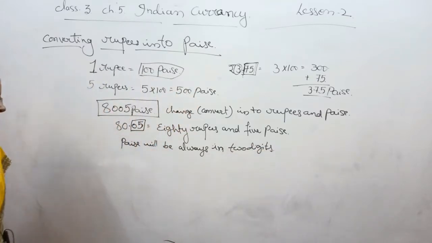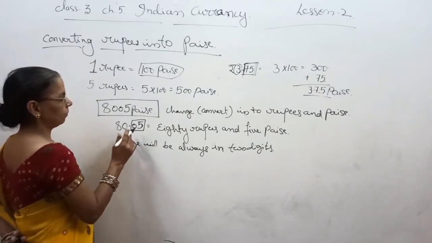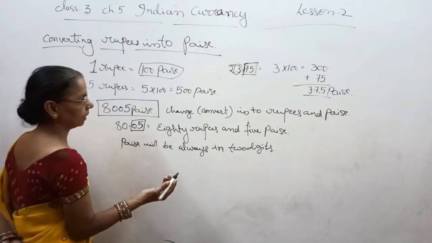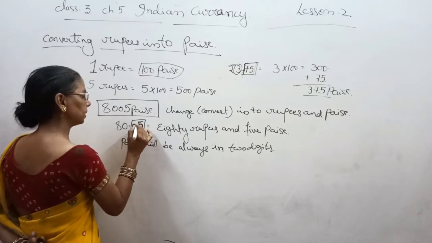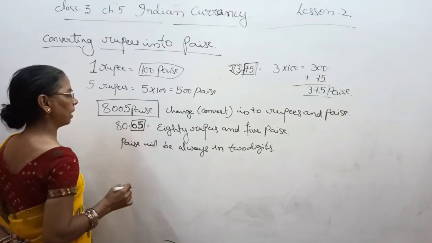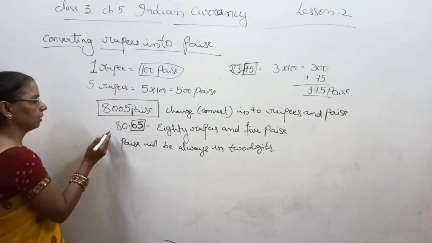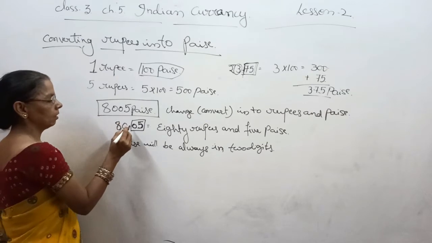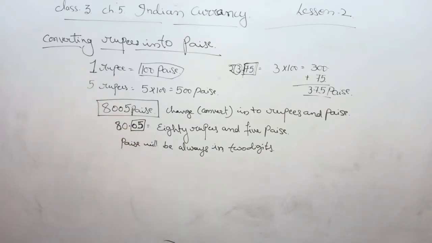So whatever number we get, to convert into rupees and paise, first we go to the right side, then count two numbers and then put one point. After that, whatever number is there is called rupees, and after the point it is paise. Like this, we have to make the conversion of rupees into paise and paise into rupees.